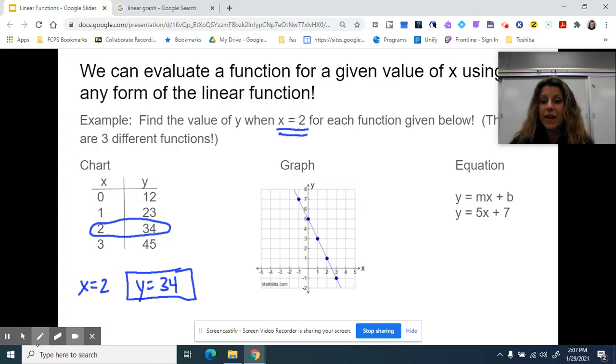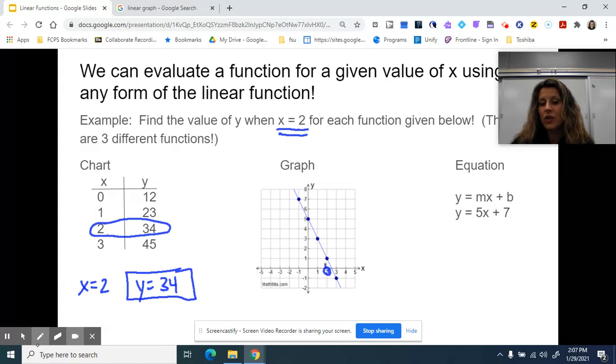For a graph, you need to find where x equals 2. The x-axis is always the horizontal axis, whereas the y-axis is the vertical axis. So if I want to find where x equals 2, I need to locate 2 on the horizontal axis. 2 is right here. To find the y, I just go up, or it could be down, depending on where the line is.